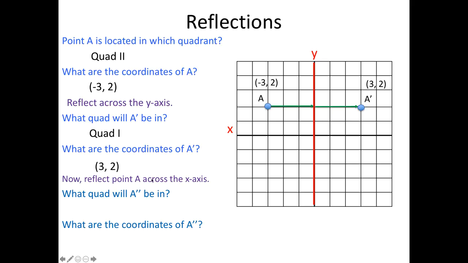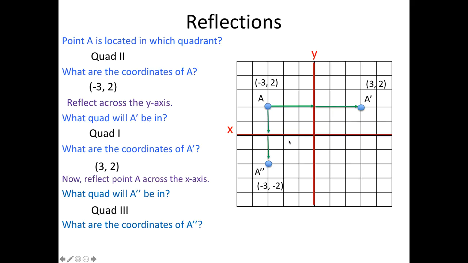Now, if we reflect it across the x-axis, it'll be in quadrant 3. I'm going to highlight the x-axis right here. I recognize that it is 2 units away, so I'm going to go 2 units in the opposite direction, plot my point, and the coordinates will be (-3, -2).